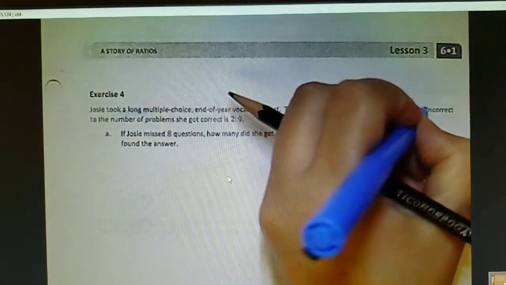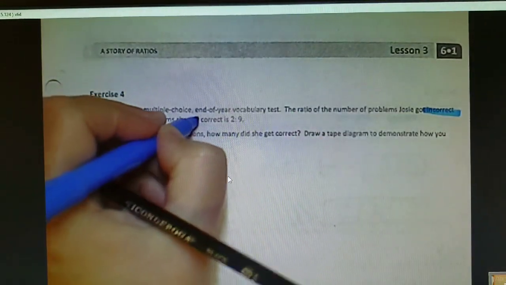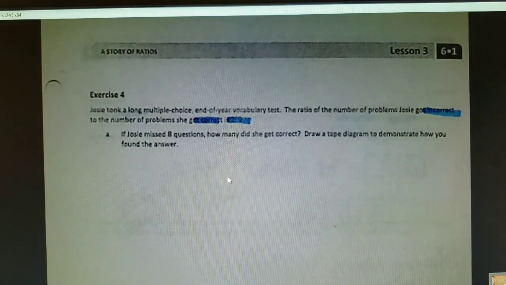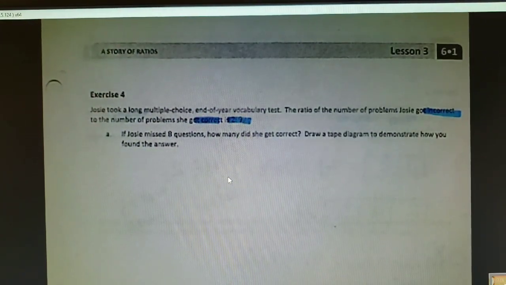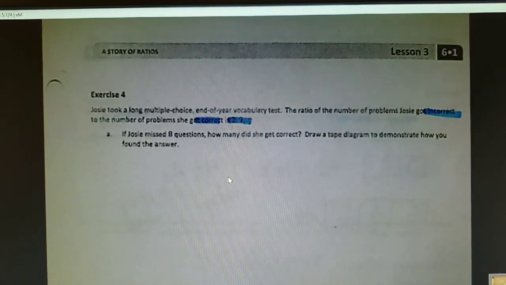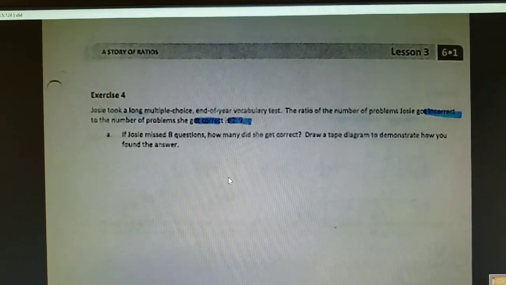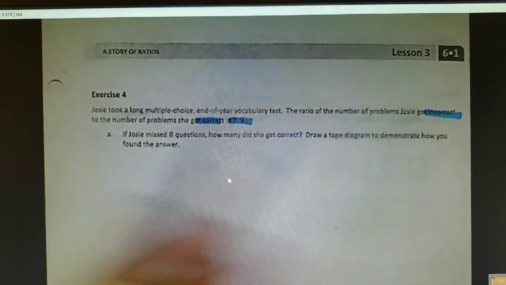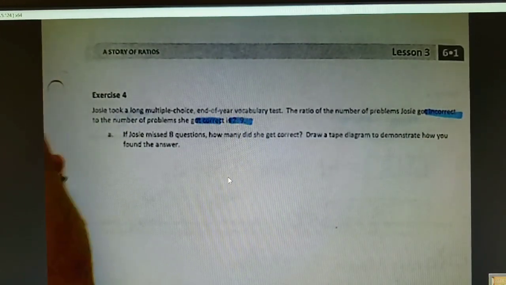So we want to make sure we know it's incorrect to correct and that our ratio is 2 to 9. Always remember, those are the first things that we are identifying every single time. Okay, if Josie missed 8 questions, how many did she get correct? Draw a tape diagram to represent. So we're going to use our 2 to 9. Incorrect is first. So we're going to write incorrect.